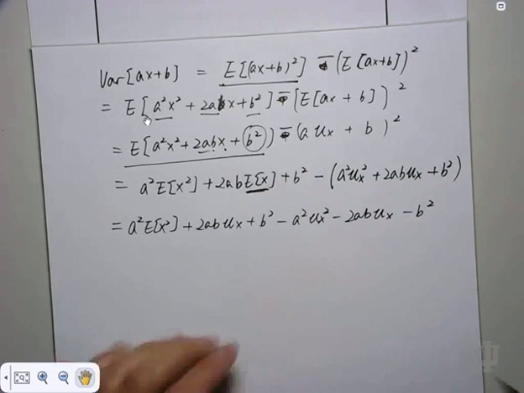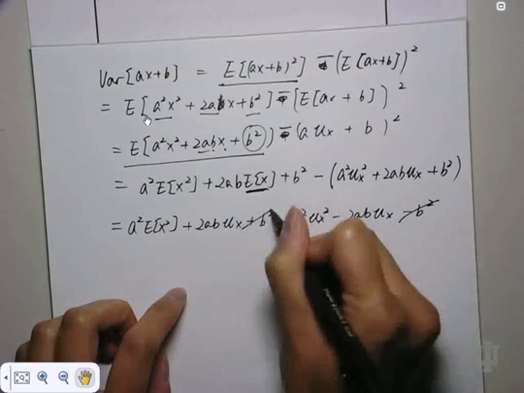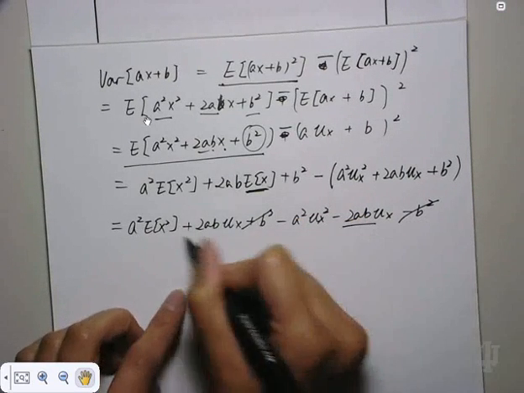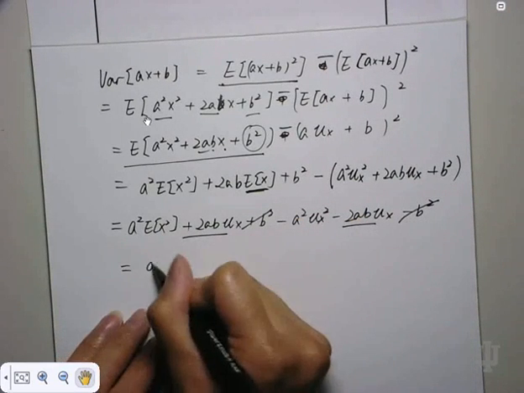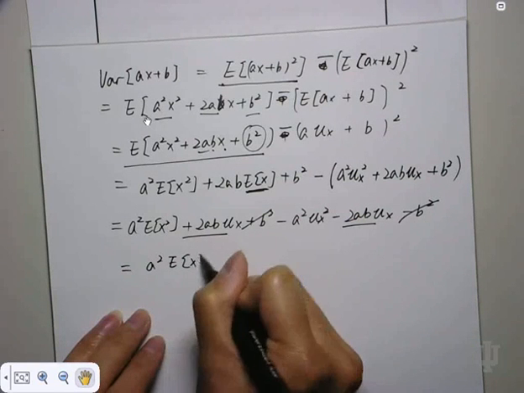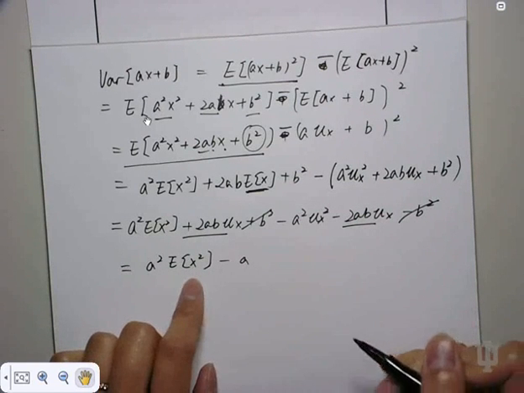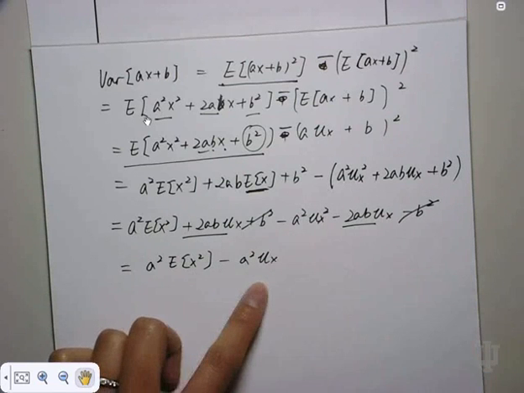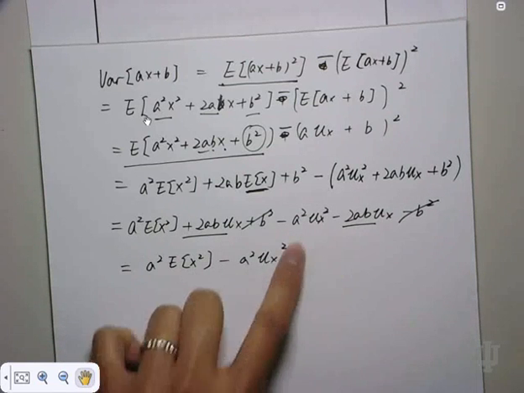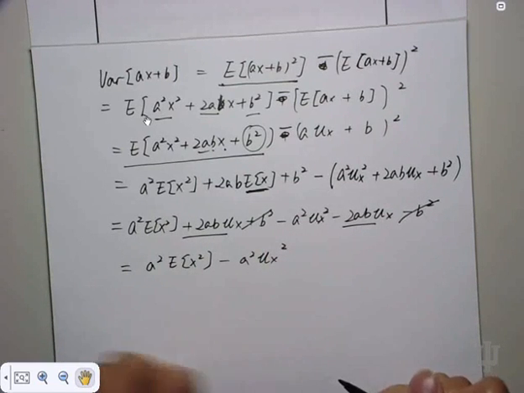It looks very nice. This cancels, this cancels. The only part left will be a squared E of X squared, minus a squared mu_x squared.